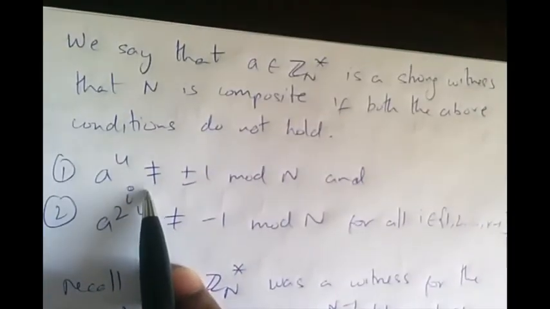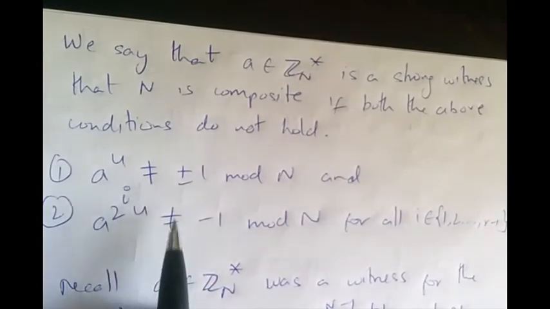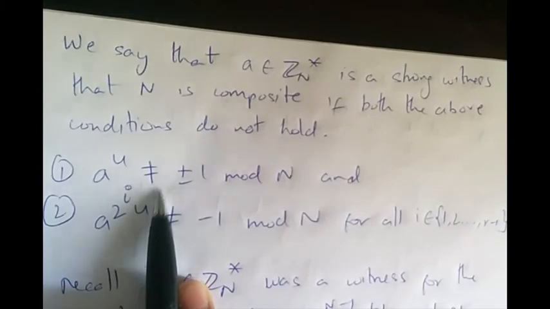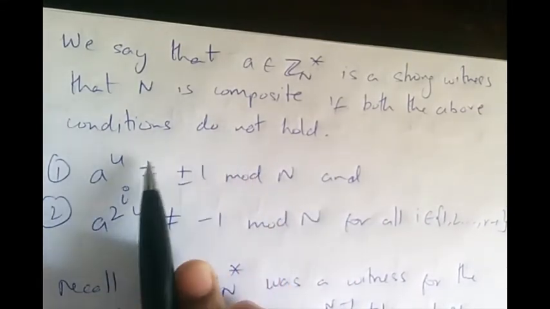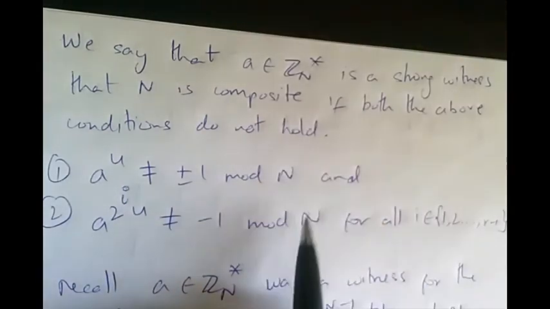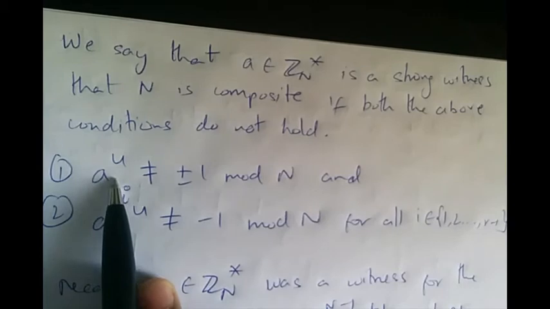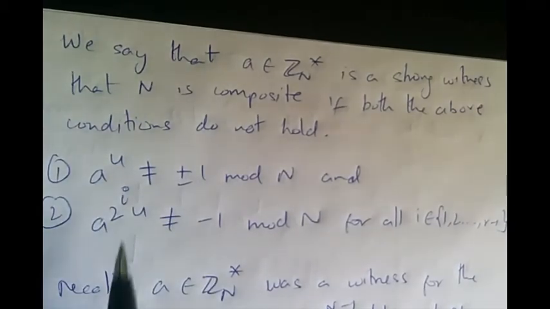The definition of strong witness is that this is true and this is true. I should not say either. If a is a strong witness, then both of these have to be true. If it is not a strong witness, then either a raised to u is equal to plus or minus 1, or this is true.